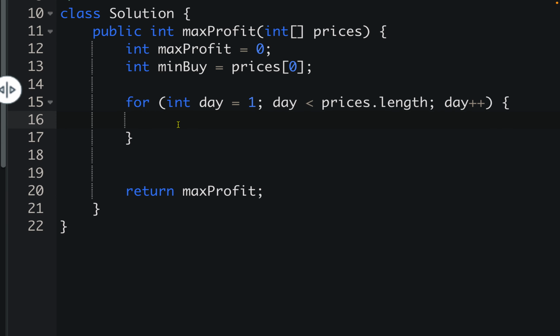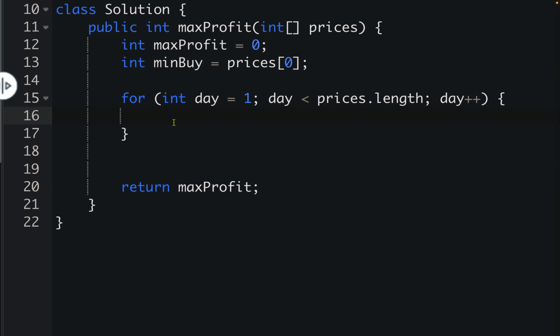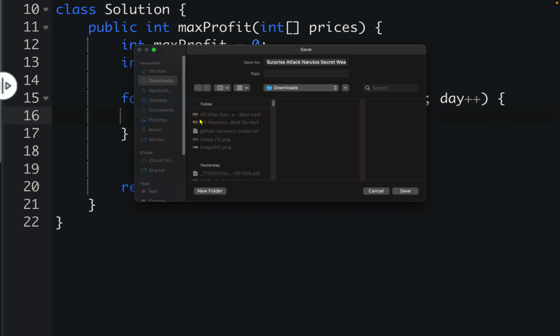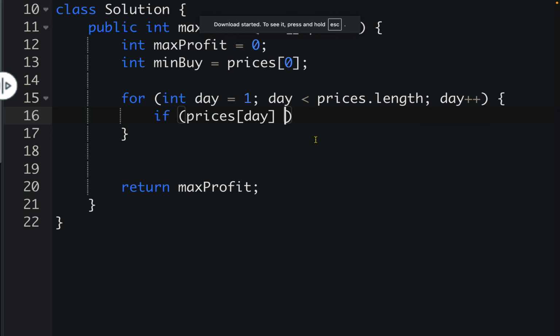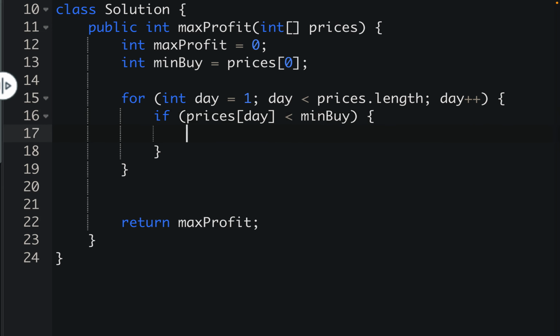So likewise I'm iterating through each day, checking that if prices at this day is lesser than the minimum buy price, then the minimum buy price needs to be updated with prices of this day.